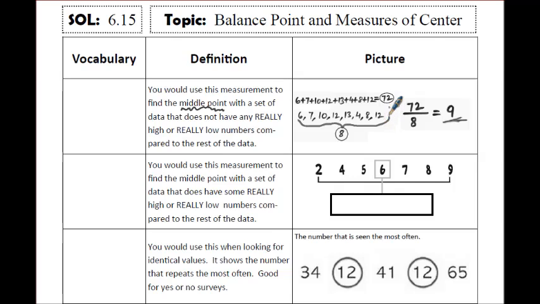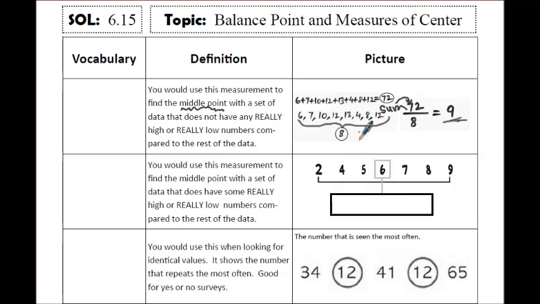So if I take all of those numbers and add them together, I'll get a sum of 72. And that will be our numerator, or the number that's being divided. And we're going to divide that into 8 even groups because there are 8 numbers.